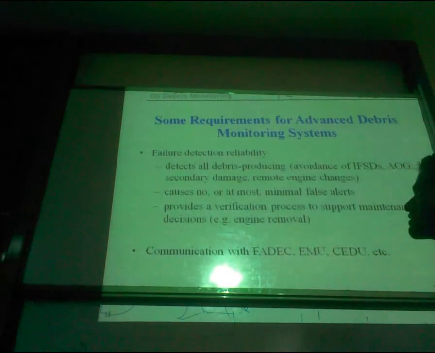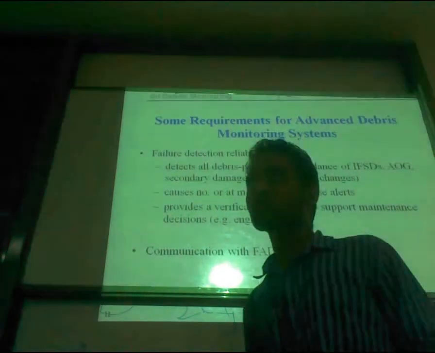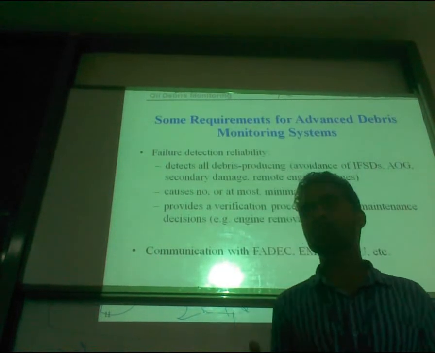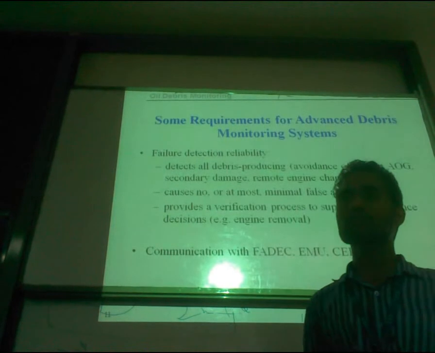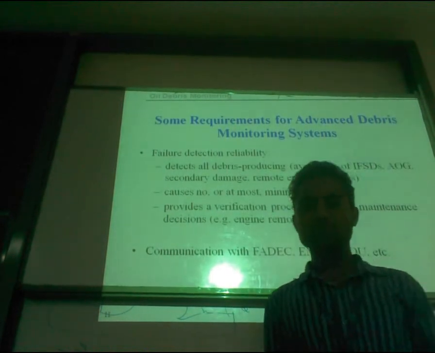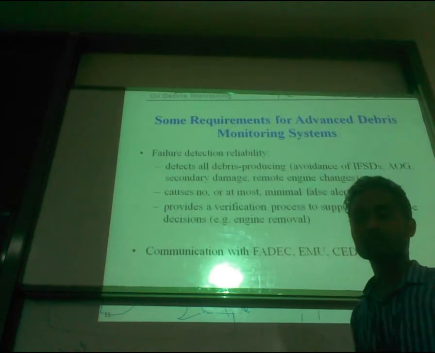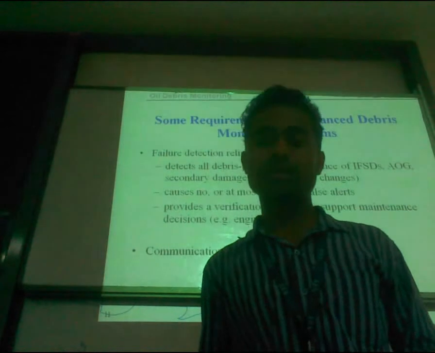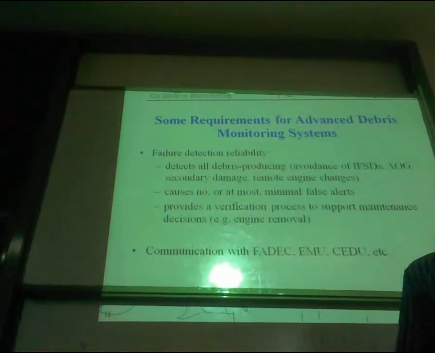Failure detection reliability: it should detect the oil debris produced inside the engine within a very short duration of time. That means if debris is produced, it should directly count it. It should provide a verification process to support the maintenance decision. It should also be very quick and responsive, and it should communicate with the control unit of the aircraft.